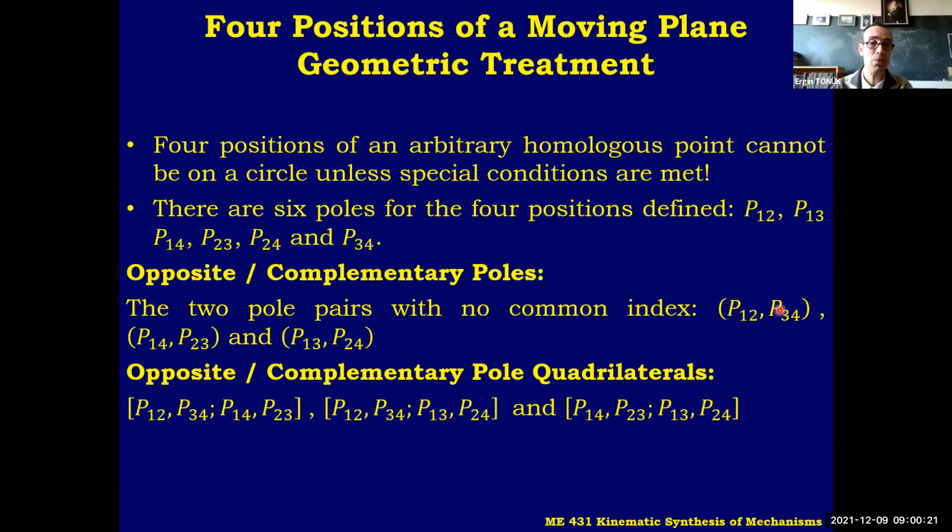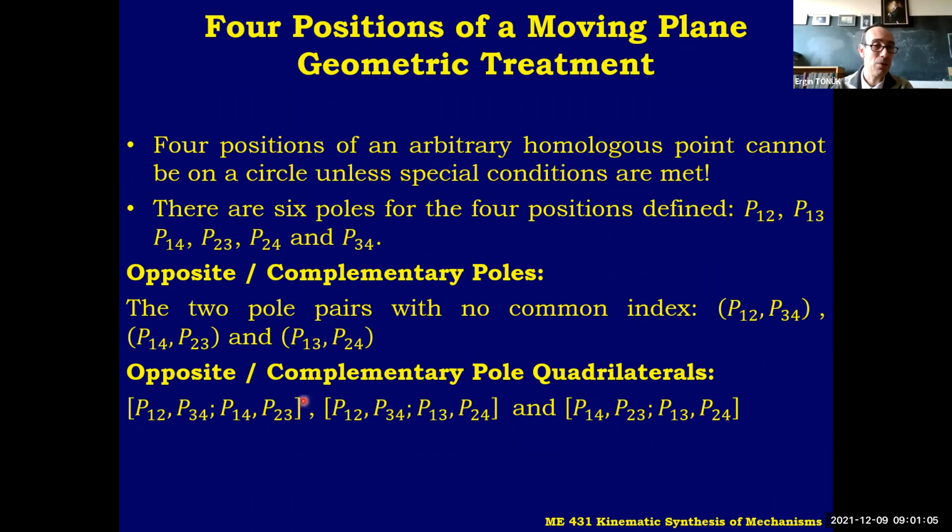For example, if you pick these 2, this is a quadrilateral, okay? These 2 do not have any common index, and those 2 do not have any common index. However, as you see, 4s are common here, 1s are common there, 2s are common there, etc. That's why I have a semicolon here, columns here. So these 2 are a complementary pole pair. Those 2 are a complementary pole pair, and I combine the 2 to form a quadrilateral. Is this clear?